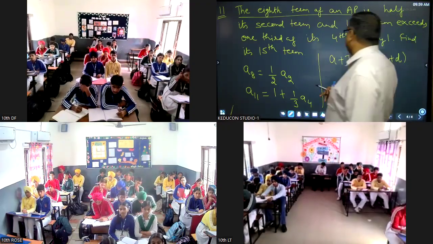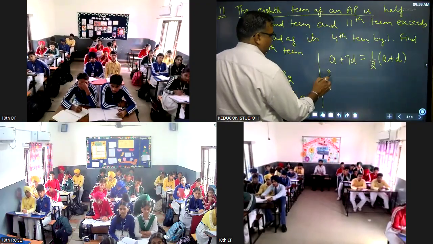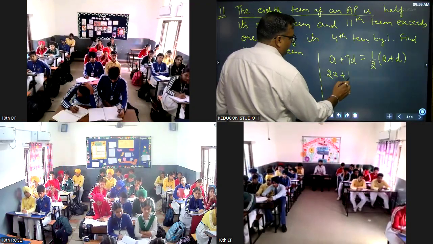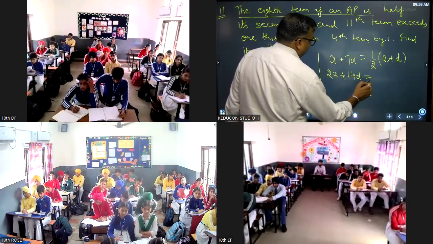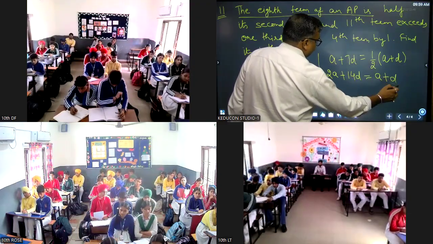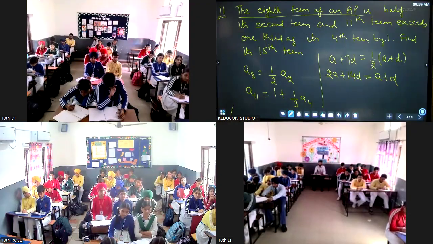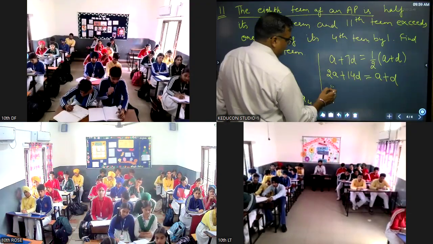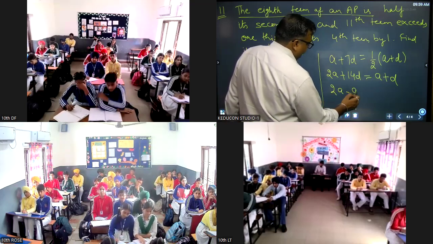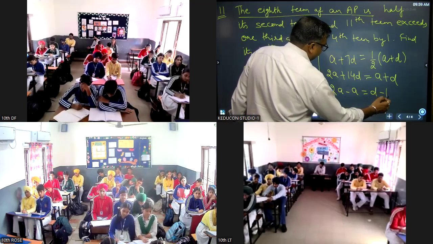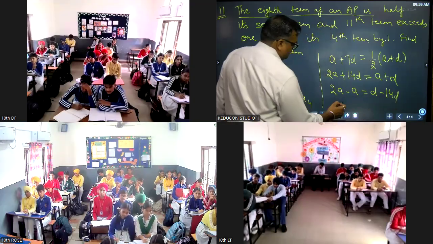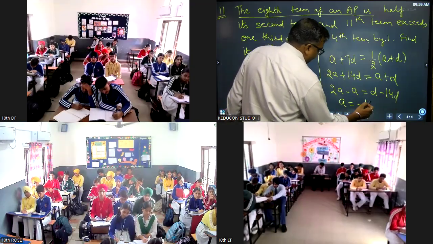Now we'll solve this equation. Take 2 on this side. This becomes 2A plus 14D equal to A plus D. Right, students? Take A on one side and D on the other side. So this becomes A equal to minus 13D.